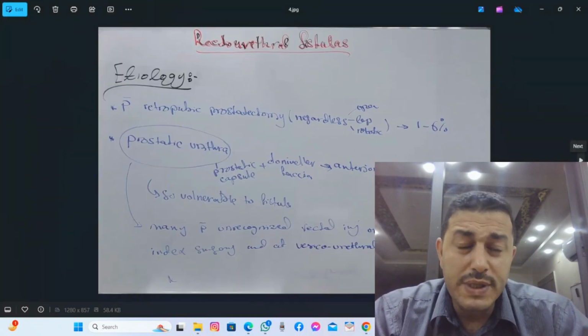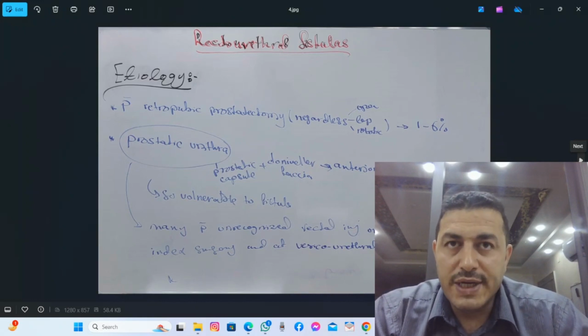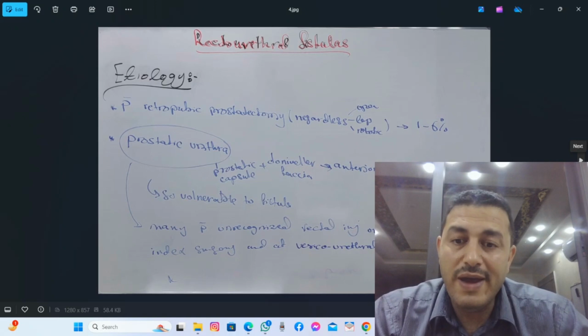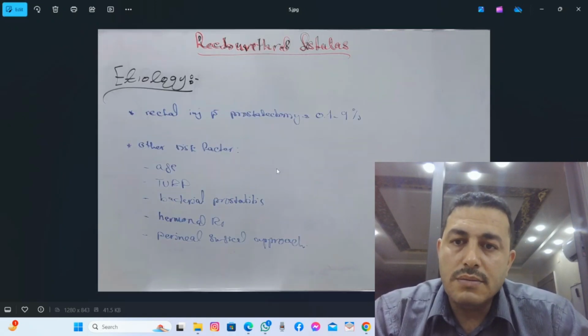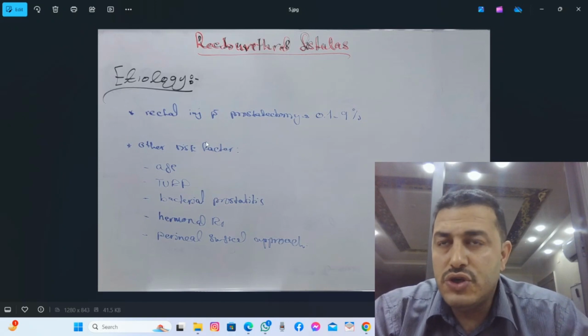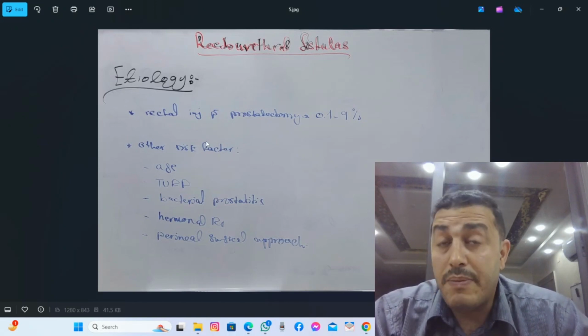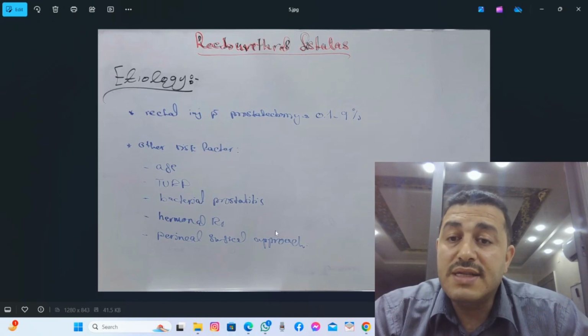We said that rectal injury can be unrecognized or can be due to failed repair. The rectal injury after prostatectomy is about 5%, which is an appreciable percent.